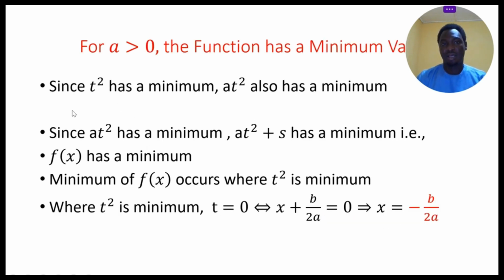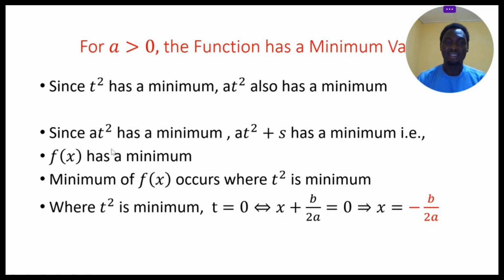Next, we show that the function has a minimum value in this case as follows. Because t squared has a minimum value and a is a positive constant, at squared also has a minimum value.